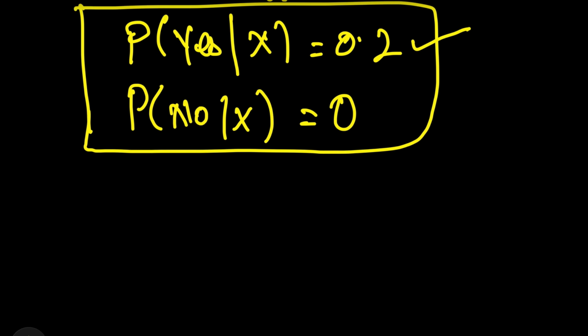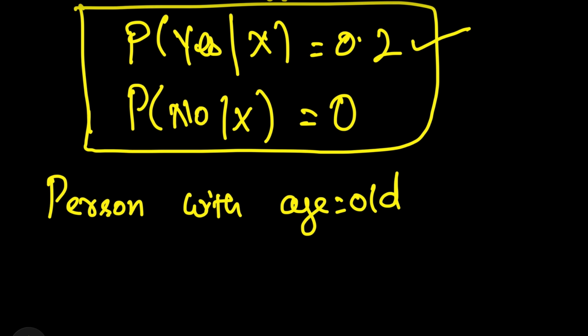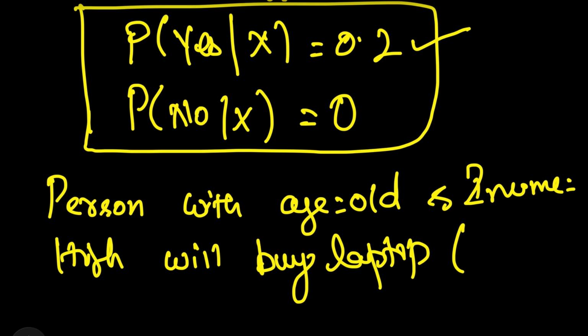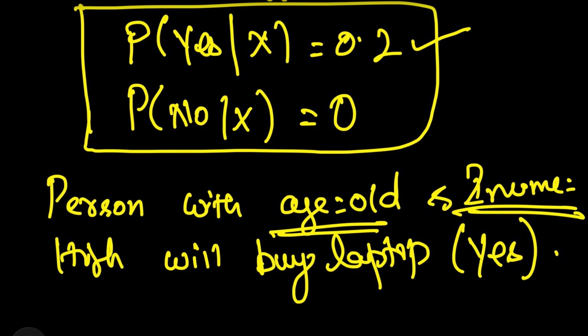So probably a person with age equals old and income equals high will buy a laptop. So it will conclude with the class label. So this given sample is classified with the outcome yes.